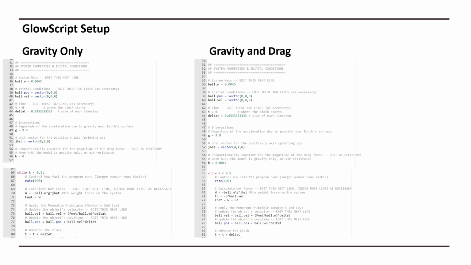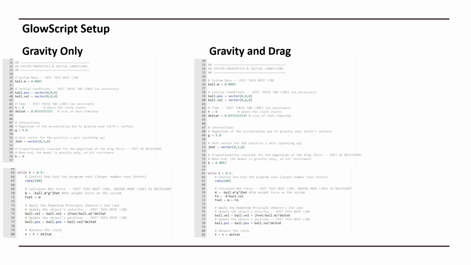In our two simulations, the top picture in each column is the initial conditions, and the second picture is the loop. For the initial conditions, the only thing that was changed was b, the drag coefficient. For the loop, we can see that the net force with gravity only is just the weight, whereas with gravity and drag, it is the weight plus the drag force.